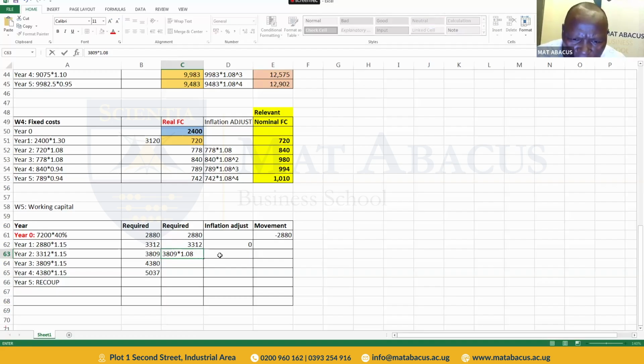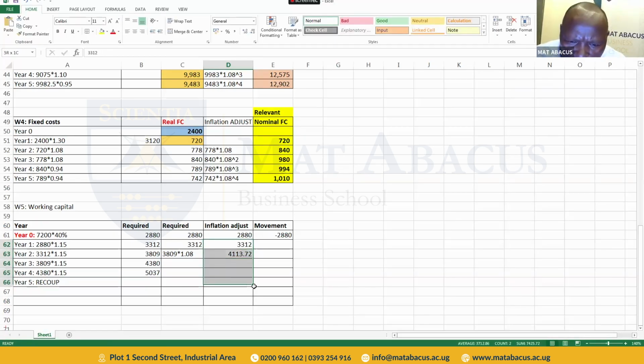When I adjust it for inflation, let me first bring the figures here. 2880. This one is remaining 3312. Therefore, when I adjust the 3809 for inflation, you multiply by 1.08. When you do that, you should be able to get 4.